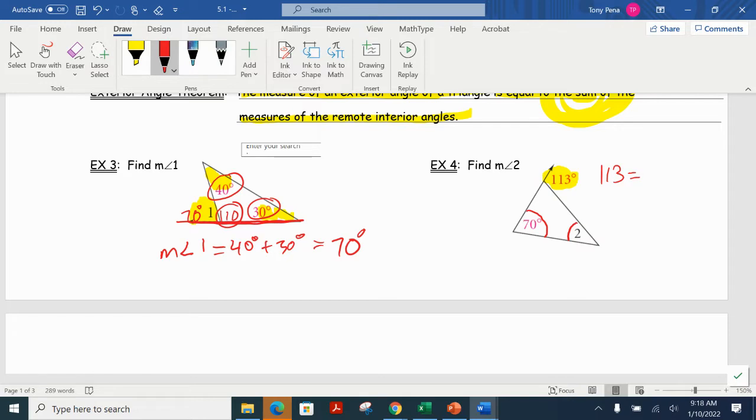You might be able to do it in your head, but if we set up an equation, we're going to say that 113 has to equal the 70 plus that measure of angle 2. All right, if we solve that, we subtract that 70 over, and we get 43, not 63. 43 degrees has to be the measure of angle 2. All right.